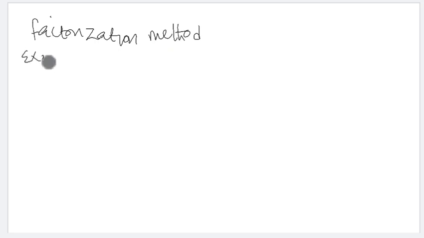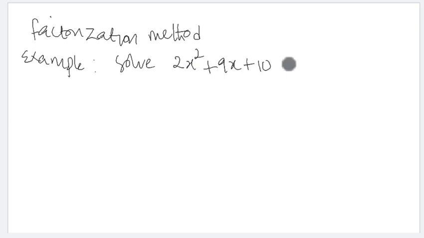Okay, let's solve an example: 2x squared plus 9x plus 10 equals 0.